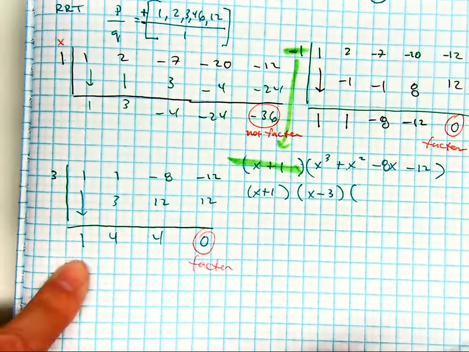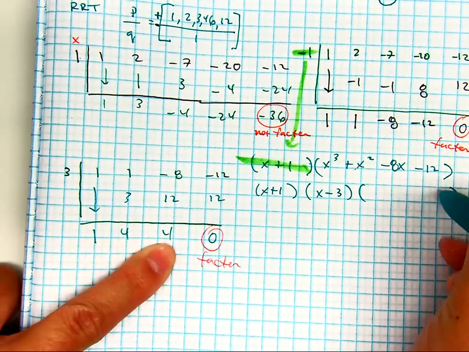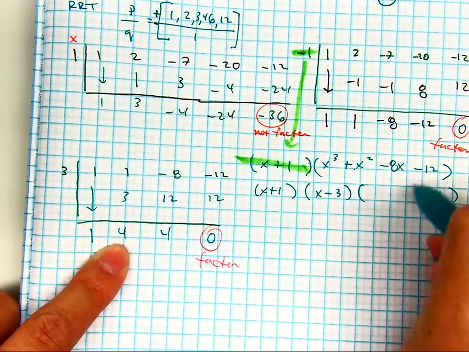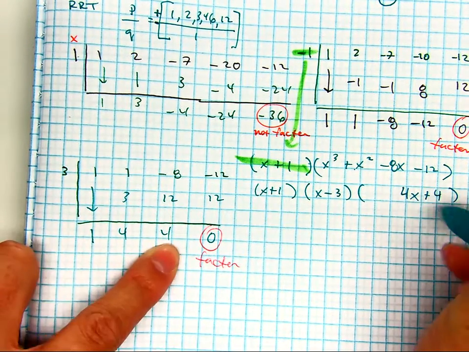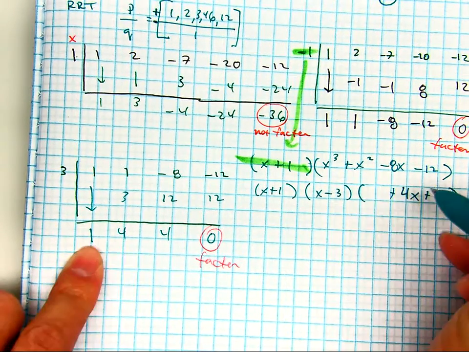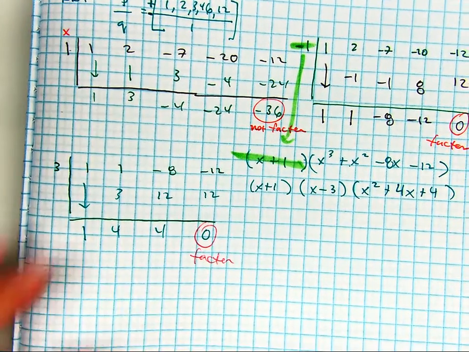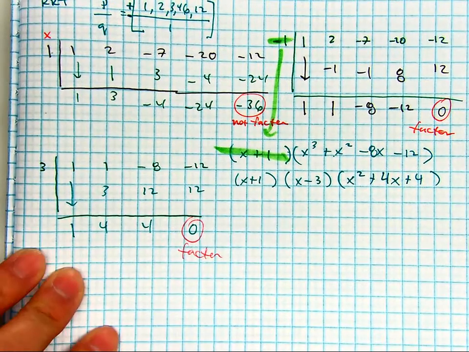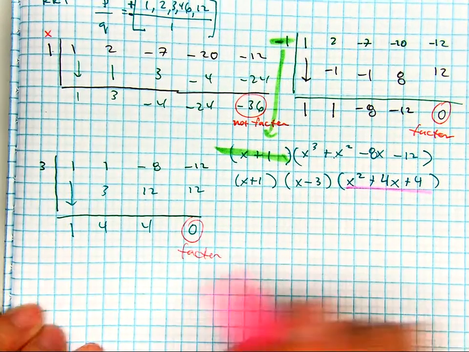And what's left? 4x, so this is positive. 4x is positive. And 1 is x squared. And then the last part, all I have to do is factor this last one.